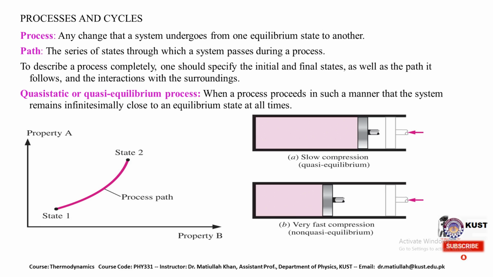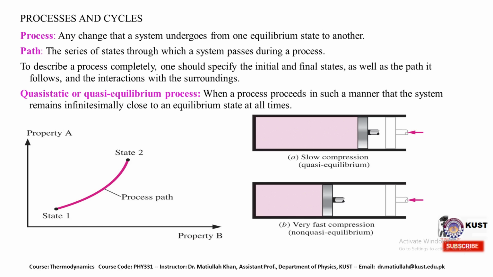We have some quasi-static or quasi-equilibrium processes. When a process proceeds in such a manner that the system remains infinitesimally close to an equilibrium configuration, this is called quasi-static. So this is a type of quasi-static or quasi-equilibrium process, where we have slow processes, while very fast processes are actually non-equilibrium processes.